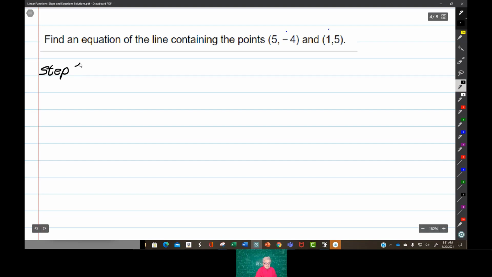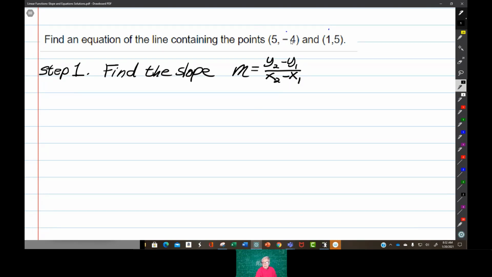Step 1. Everything has steps. Find the slope. Always find the slope first. m equals y2 minus y1 over x2 minus x1.